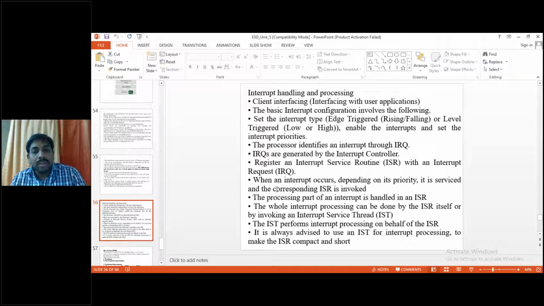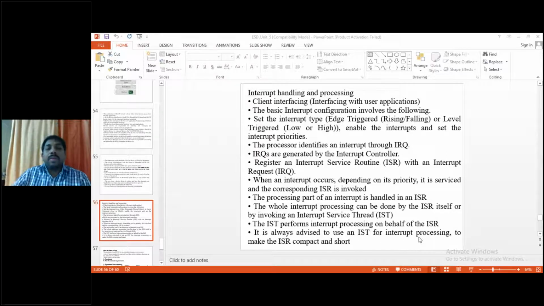Whenever an interrupt occurs, depending on the priority, the corresponding ISR is invoked, and the processing part of the interrupt is handled, and the whole interrupt processing can be done by invoking an IST. The IST performs interrupt processing on behalf of the ISR. It is always advised to use an IST for interrupt processing.